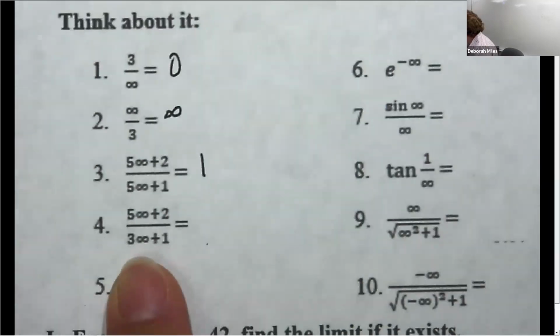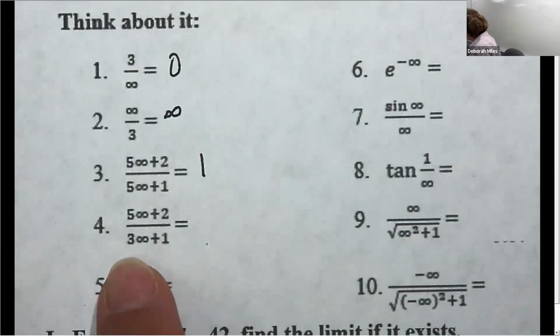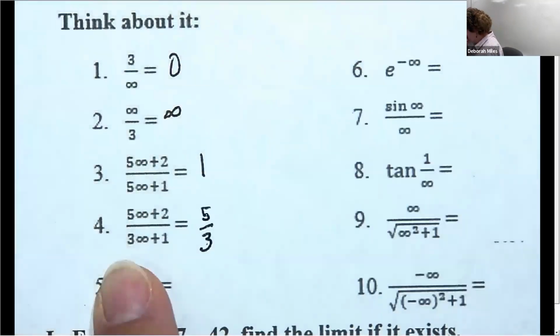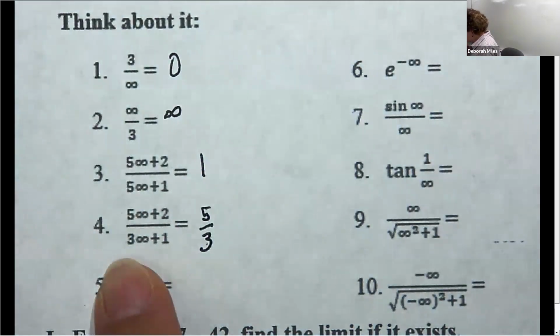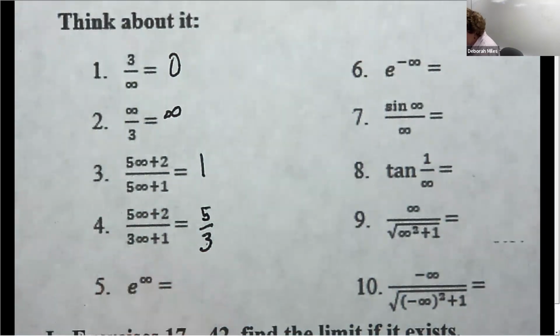It's darn close to 5/3. Again, because when you're dealing with 5 bazillion, adding 2 doesn't change it very much. And 3 bazillion plus 1 is still pretty much just 3 bazillion. So that's just about 5/3. Oh, I didn't hear that correctly. You were right. I was hearing something else. I was confused. All right, number 5, e to the bazillion.